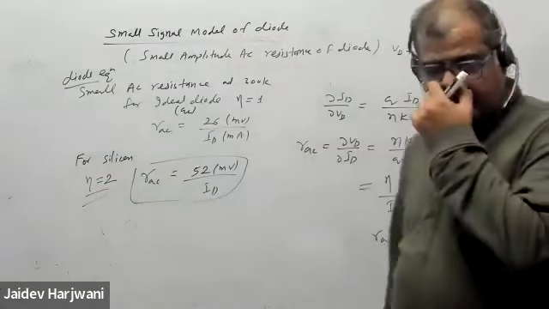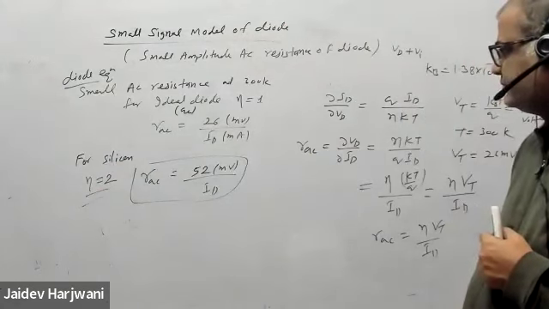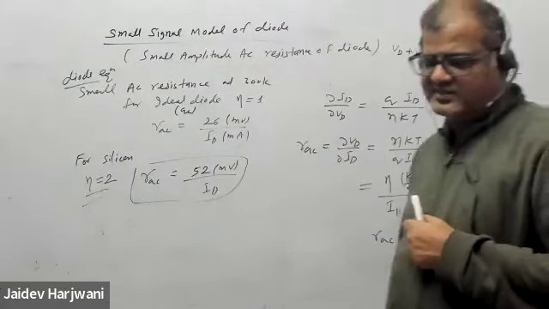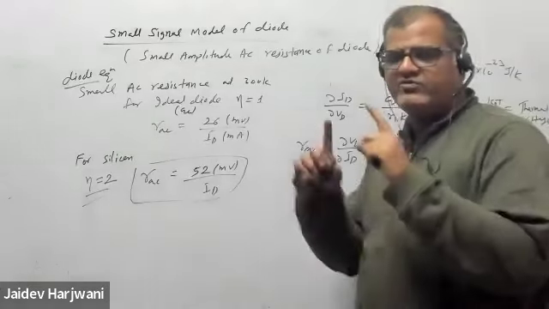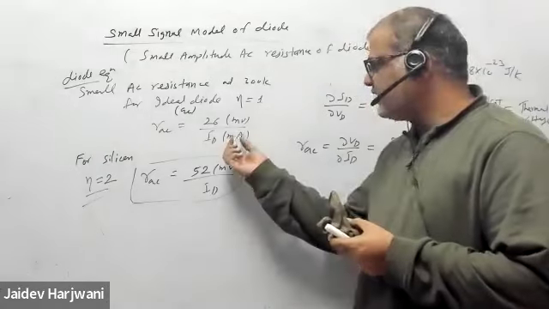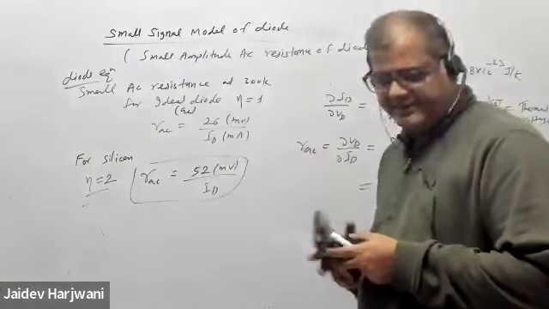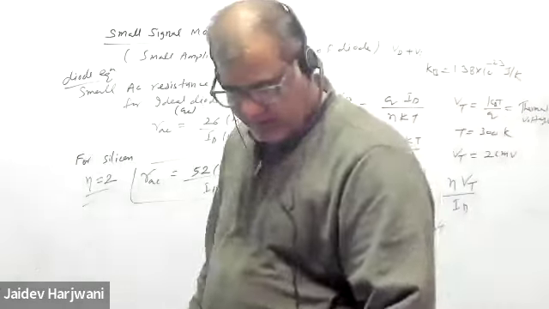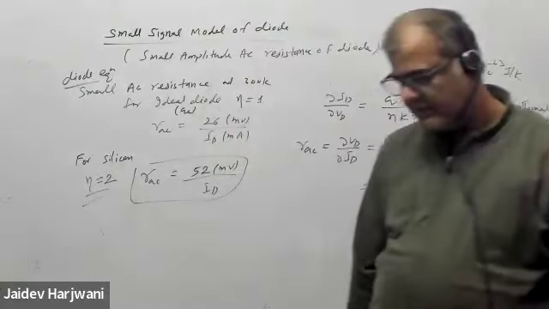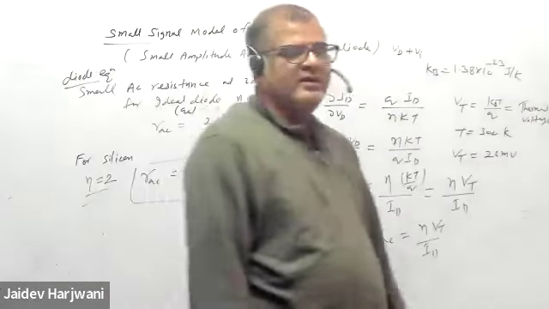Sir, this RAC is different from RDC? Yes, DC resistance is different; it is simply the ratio of voltage to current. The small AC resistance is 26 millivolt divided by ID. What is its significance?